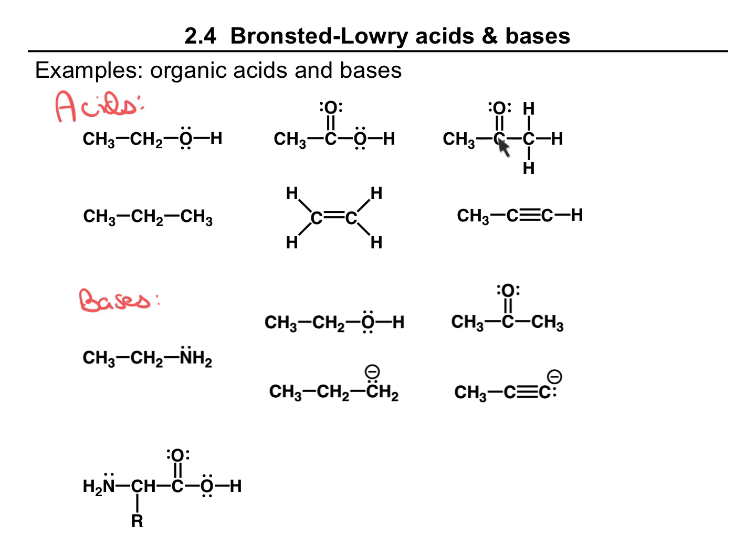Here we have a C double bond O, a carbonyl group, and then the carbon adjacent to the carbonyl group, the hydrogens there are somewhat acidic. And so this is also an example of an organic acid. Now down here we have a few more compounds that can also be acids, but especially this one, these are really, really weak acids.